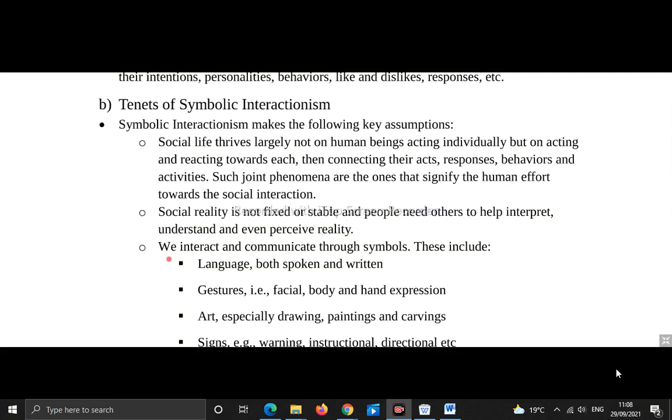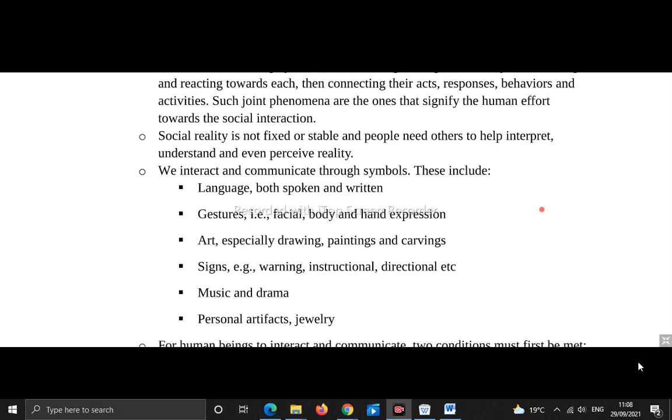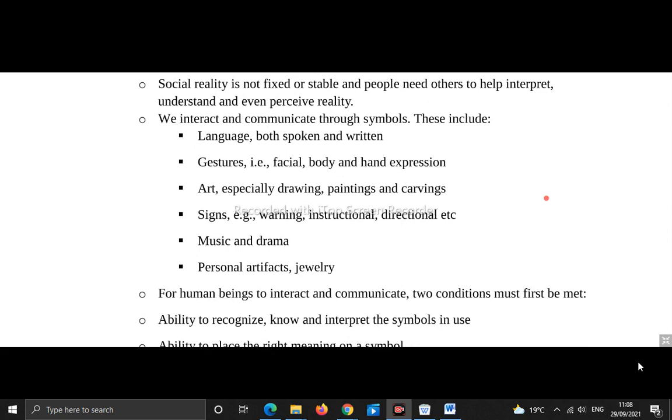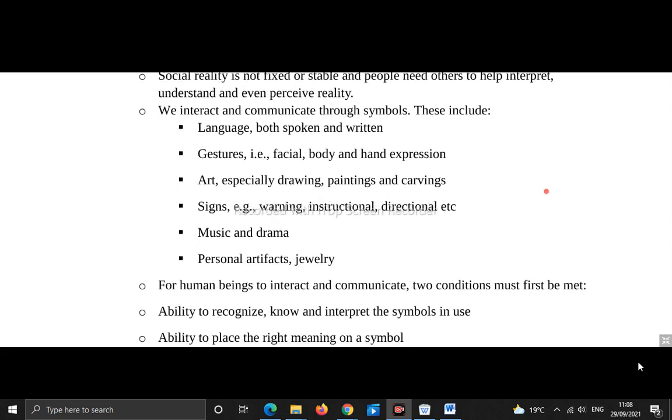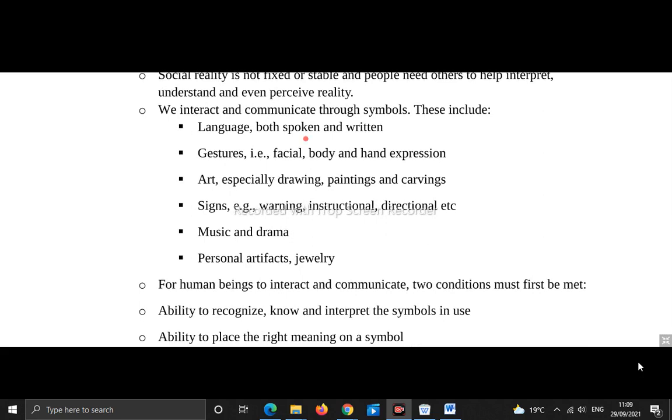The third one, we interpret and communicate through symbols. These include, number one, language, both spoken and written. So English language is like what I'm using now. Written is what you are reading here. That is English language.